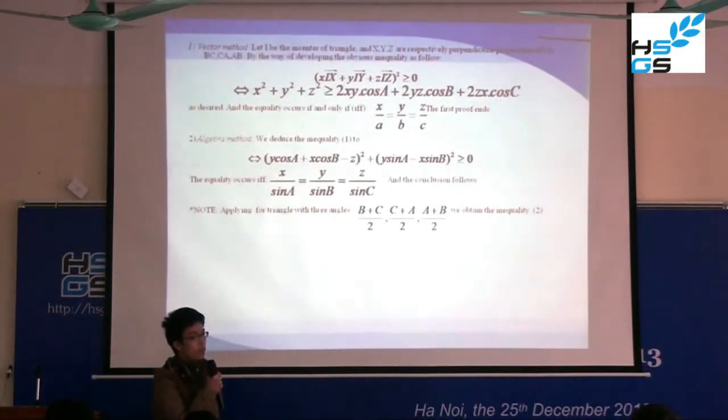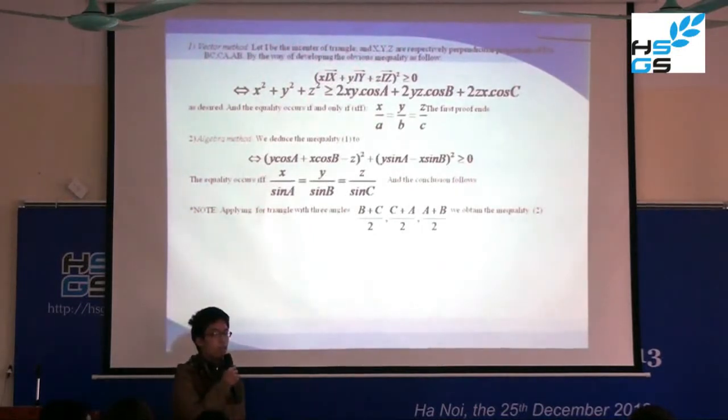By developing the obvious inequality, the square of x multiplied by vector Ix plus y multiplied by vector Iy plus z multiplied by vector Iz is greater than or equal to 0.